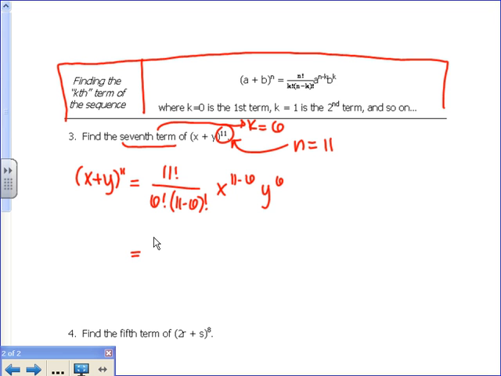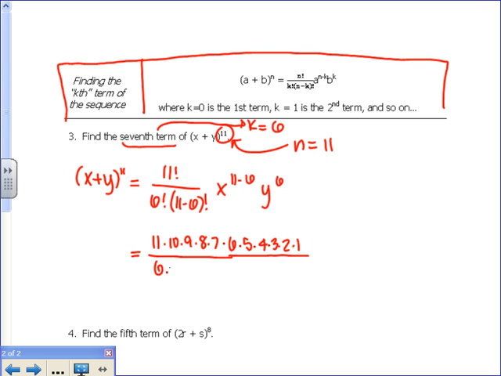Now I'm going to simplify. 11 factorial, remember, is like you have 11 times 10 times 9 times 8 times 7 times, I'm going to go dot dot dot after that because I'm going to show you what's going to happen on the bottom. Well, maybe I won't. I'll show you that shortcut on the next one so then you understand a little bit more. 5, 4, 3, 2, 1.